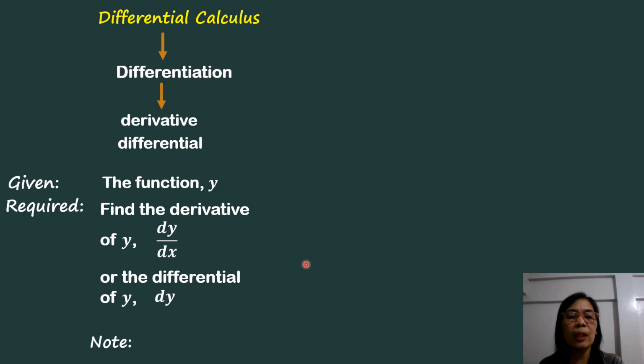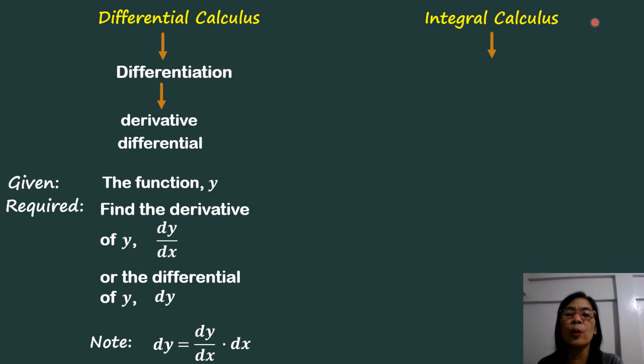Take note again that the differential of y is equal to the derivative of y multiplied by the differential of the independent variable. In integral calculus, you will be introduced to a new operation called integration.